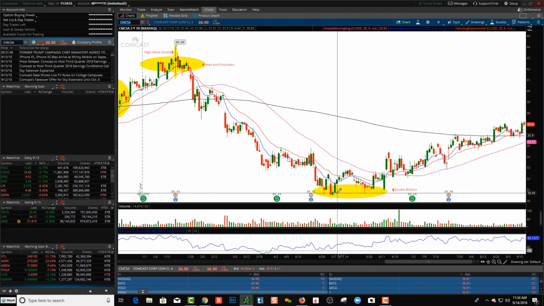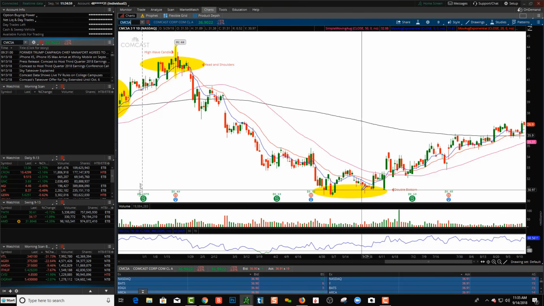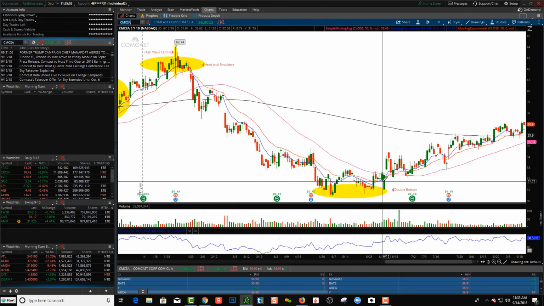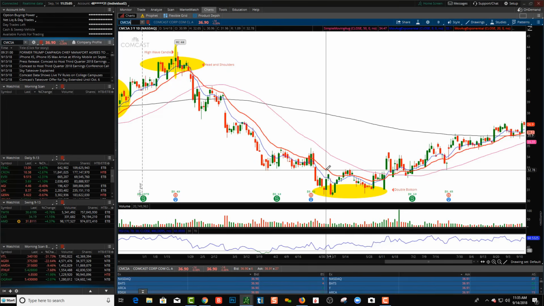Again, not always going to be perfect. It doesn't have to be completely equal, but buyers came in down over in here. Over in here, you can see a double bottom pattern, and price broke out of the double bottom. When a stock breaks out of a resistance level, that resistance level then becomes support.